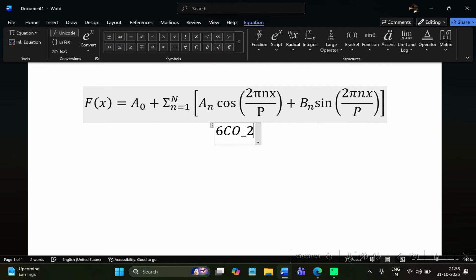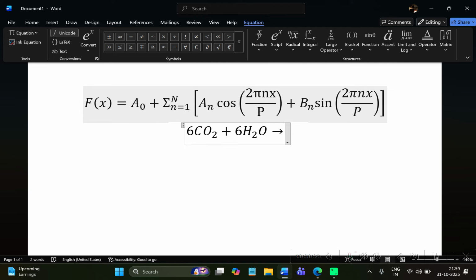6CO2 plus 6H underscore 2 O. Just keep the caps lock on for chemical equations. Then a right arrow, so just do hyphen and then the greater than symbol. It automatically happens. Then C6, space. This is important.